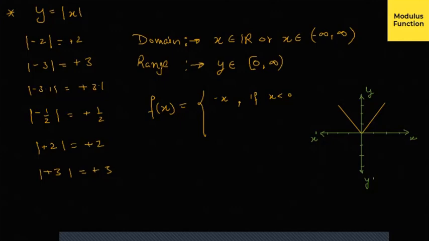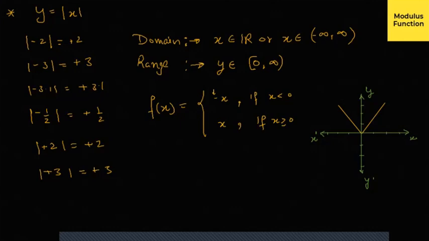So that's why I have put an extra negative here, so that negative x and this extra negative becomes positive. Okay. So now if x is greater than equal to 0, then output is x only, because it will not cause any change in the positive numbers.